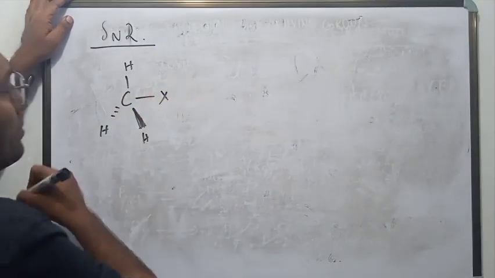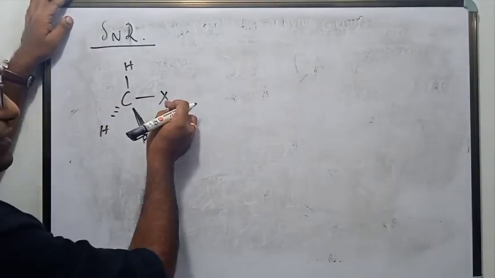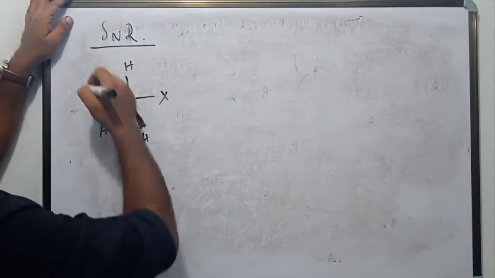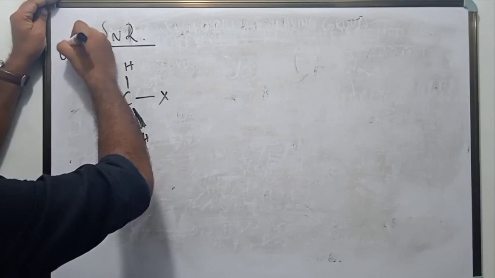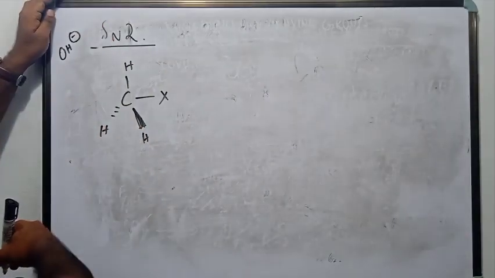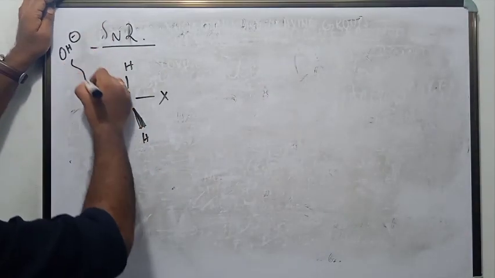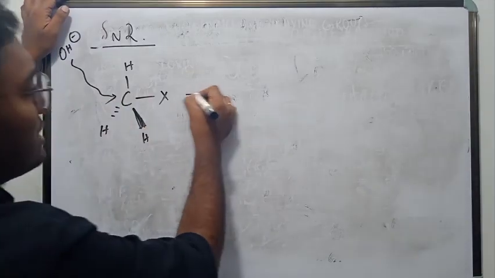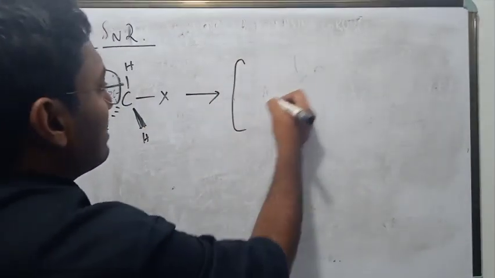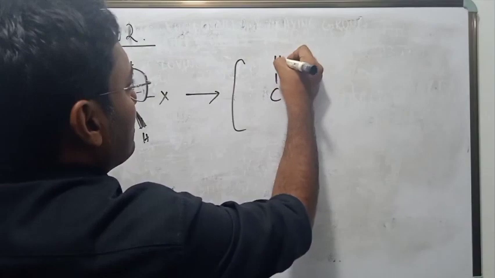This is a leaving group, it is going to leave, and suppose OH minus is the nucleophile. Now it should attack here. Backside attack would take place and we get a structure like this.